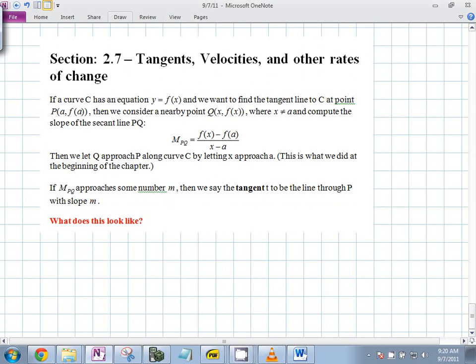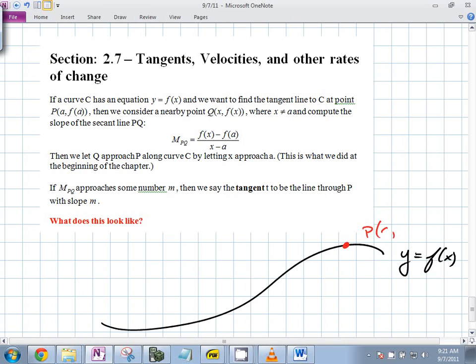So we have this curve C, y equals f of x, and we have a point P, (a, f of a). Then we have another point (x, f of x).